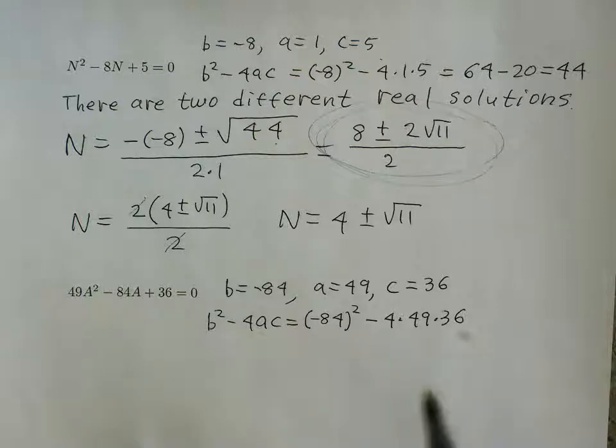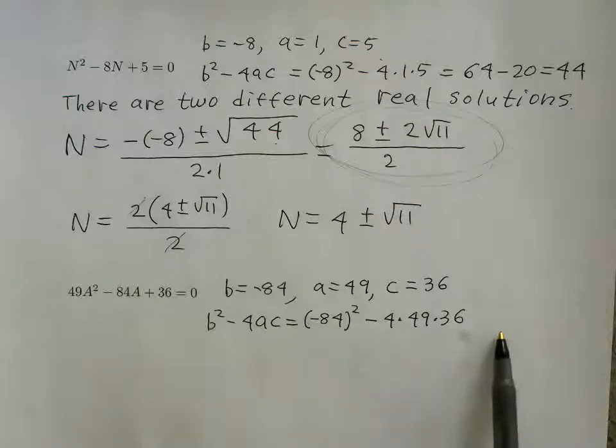Well, with your high-powered calculator, you'll find that this is what number? 7,056. What? 7,056. The whole number? Oh, no. The whole number that all equals 0.